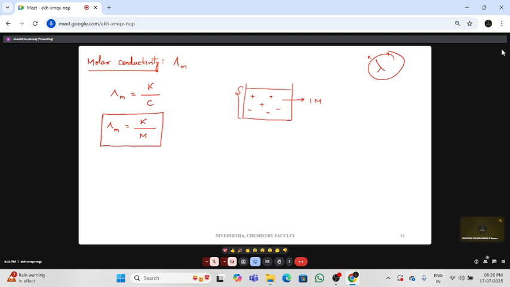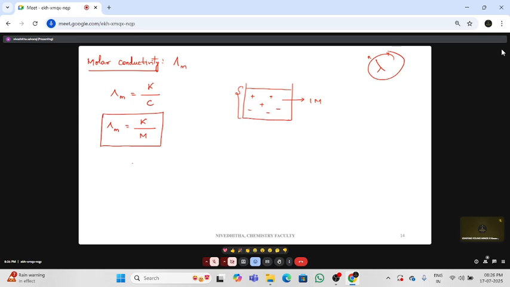The general formula to calculate molar conductivity is kappa divided by molarity. But in books, the formula will be kappa into 1000 divided by molarity, or in some places you'll see it as kappa into 10 power minus 3 divided by molarity. So we have to know how this 1000 or 10 power minus 3 comes into the formula and when we have to use those formulas.